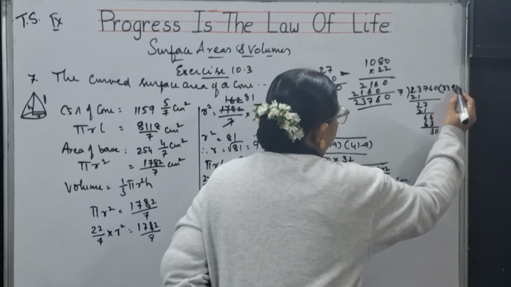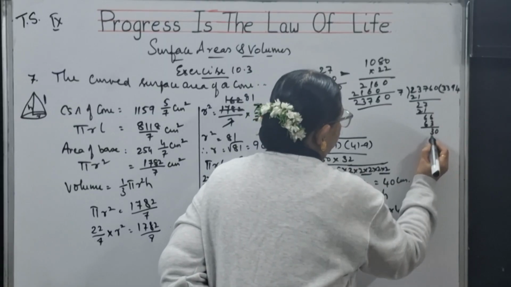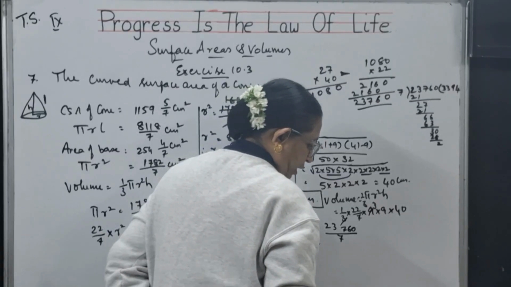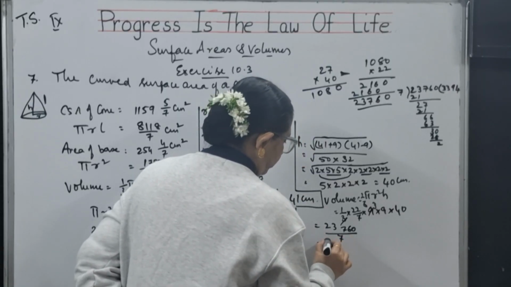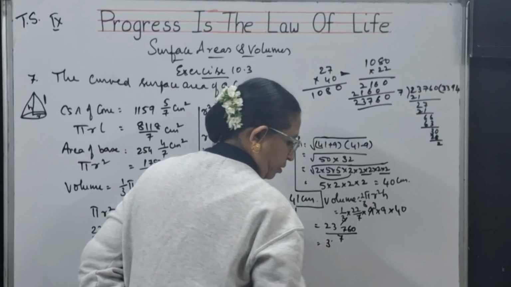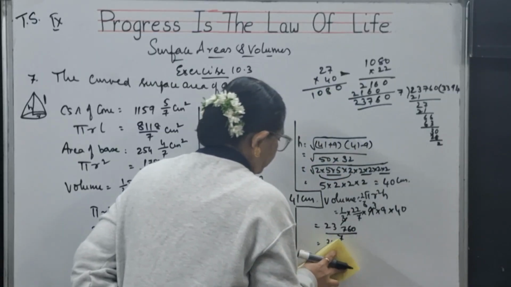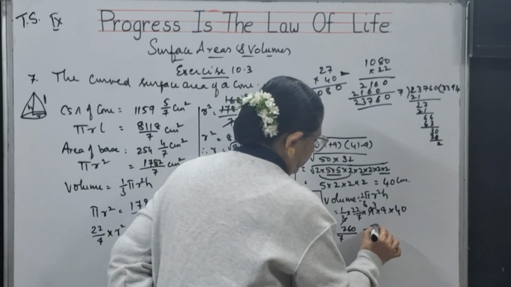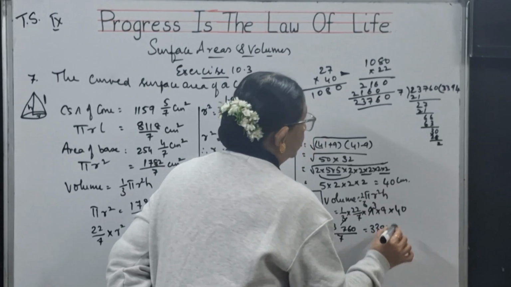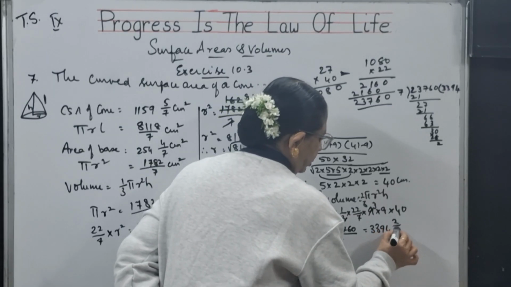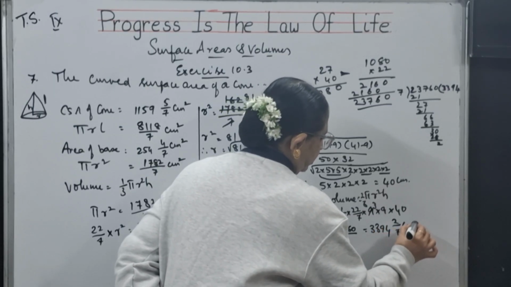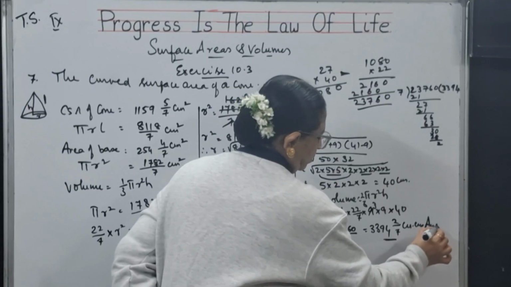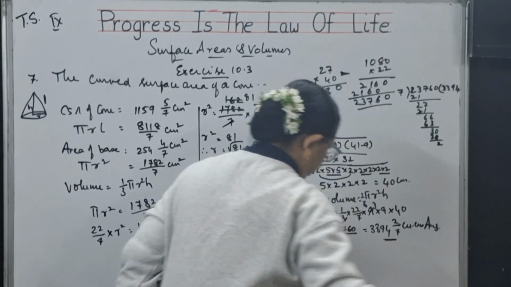Then 7 4s are 28, 2. So what am I getting? 3394 and 2 by 7. I'll write it here, children, you may not see this. This is 3394 2 by 7 cubic centimeters. This is the answer, children. This is the answer for this problem.